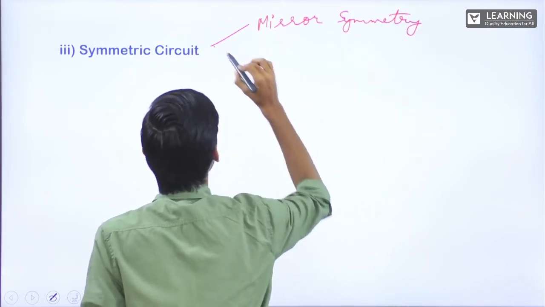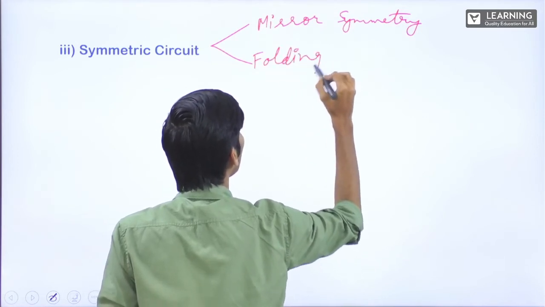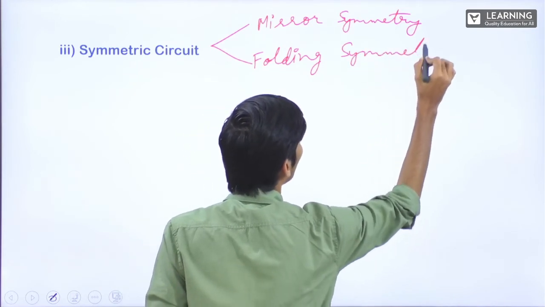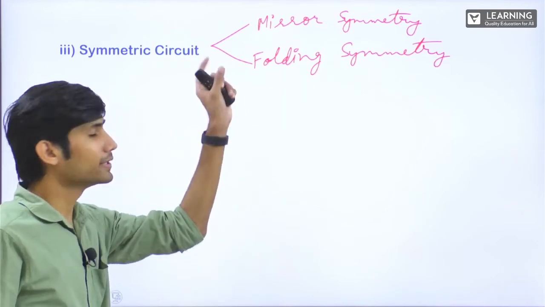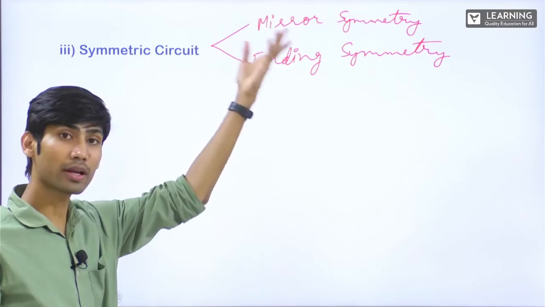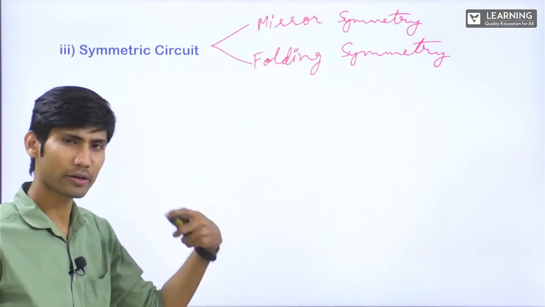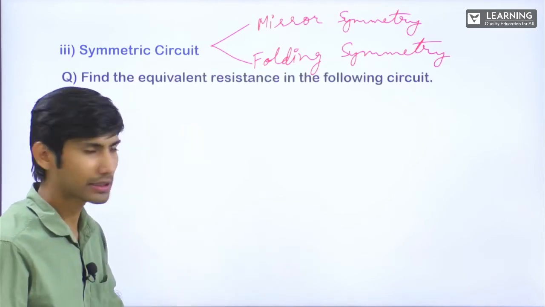Two, folding symmetry. Fine. In some questions, you can apply both. In some questions, only mirror will be applied. In some questions, only folding will be applied. We'll see all kinds of questions. What is mirror symmetry? What is folding symmetry? That also I'll tell.